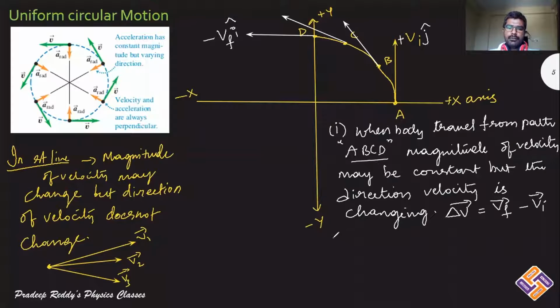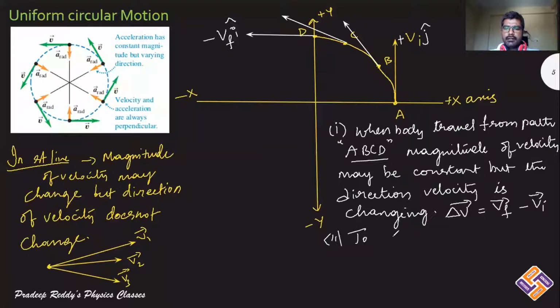Next, point number 2. At any point, if you want to find out the direction of velocity in the path A, B, C, D, you will just draw the tangent at that position.